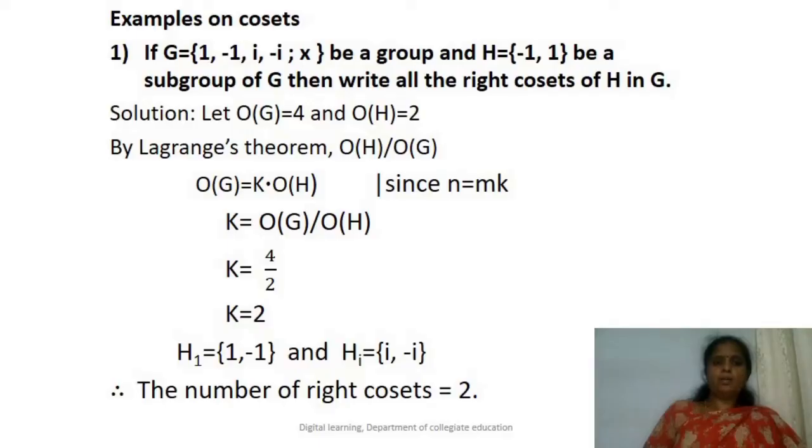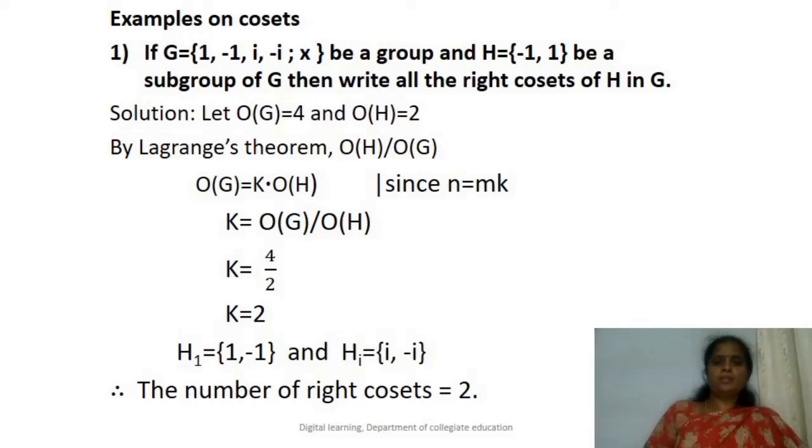So let order of G be equal to 4, then order of H is equal to 2. From the group G, the elements are 4, and from the subgroup H, the elements are 2.